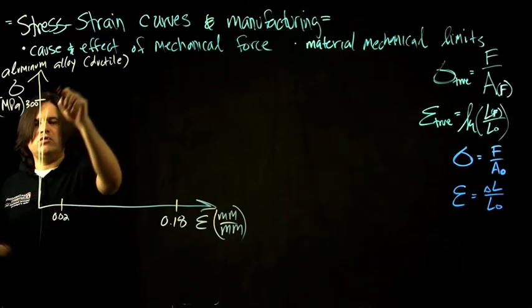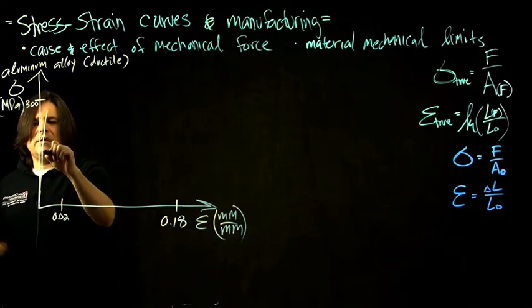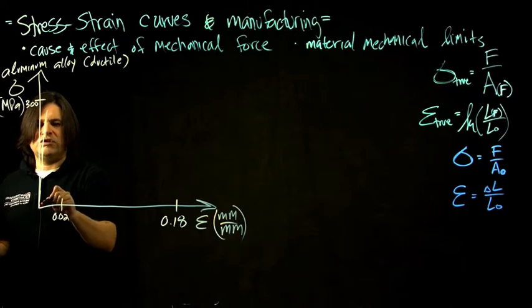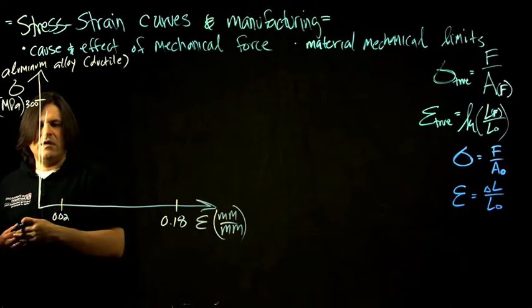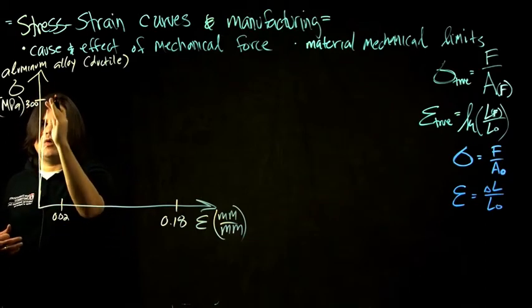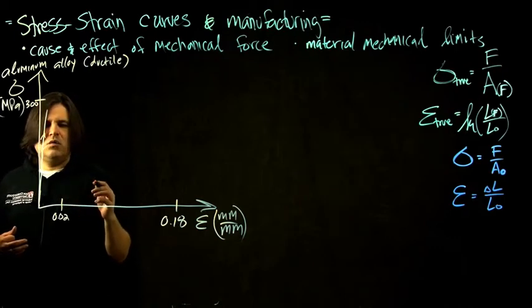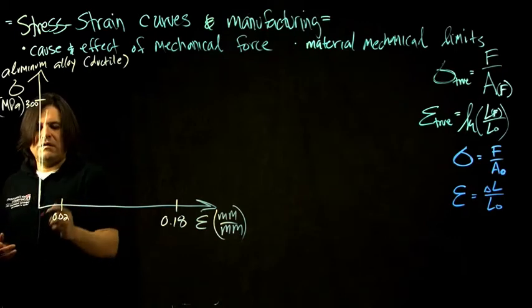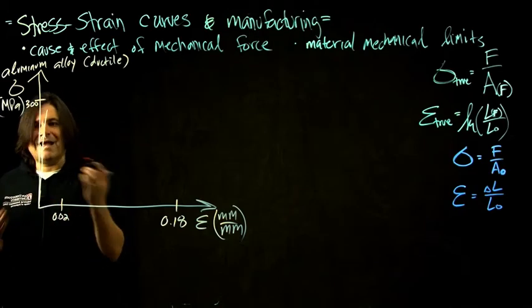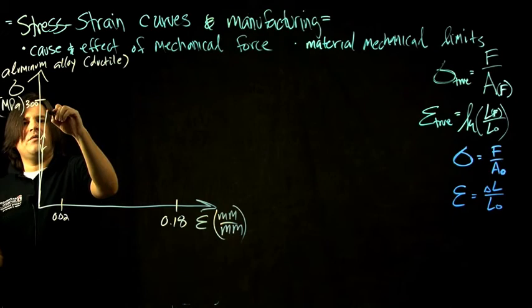And if you don't go too far up, it will relax back to its original shape, its original length, because that's the elastic behavior. As long as you don't apply too much normal stress on it, the strain will be able to go back to zero strain elastically.